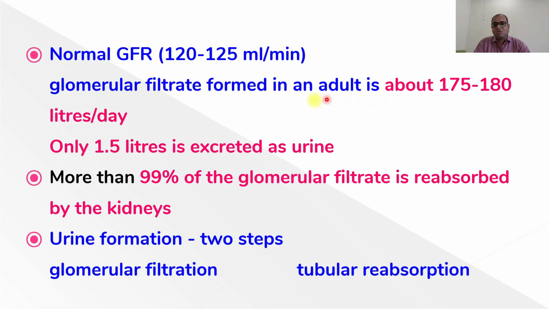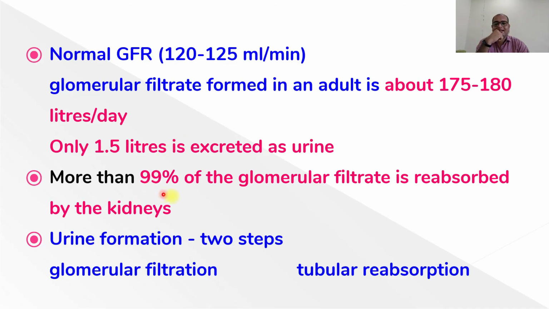Out of this, for a healthy person only 1.5 to 2 liters is excreted as urine. So almost 175 to 180 liters is getting filtered, and only 1% of it per day is getting excreted as urine.